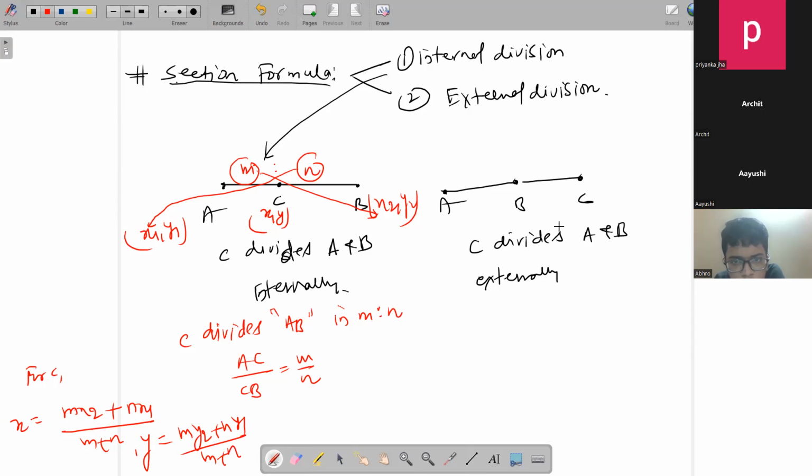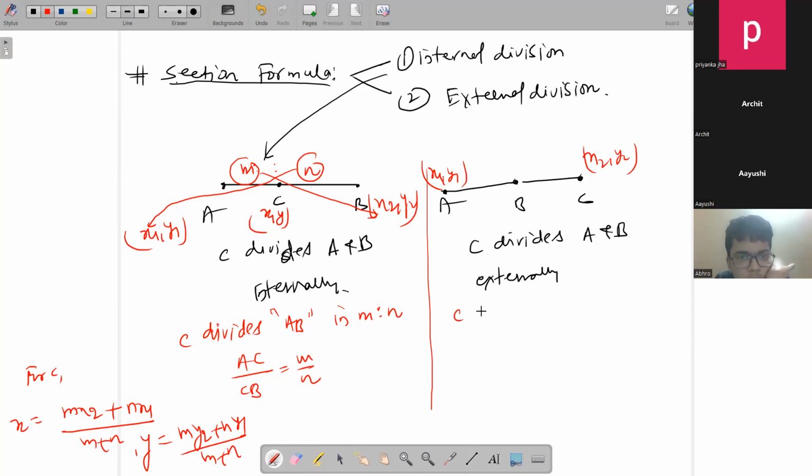Here in this case, this is external division. Suppose the coordinates are given as x1, y1 and x2, y2.